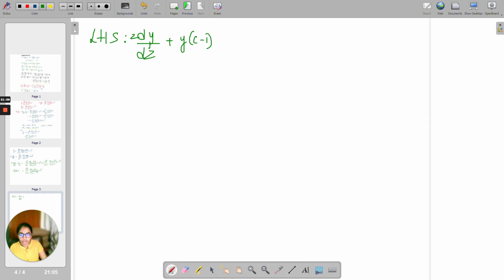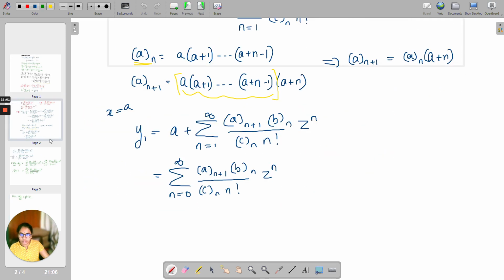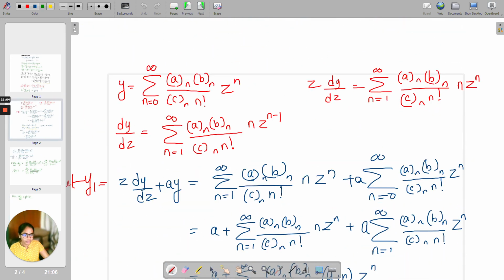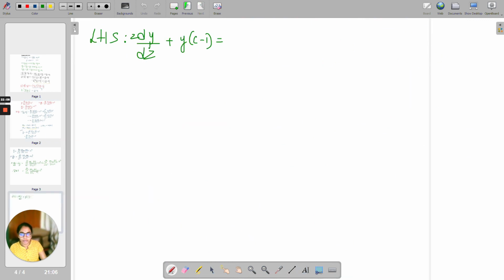So what was z into dy/dz? Go back. What was it? Yes, a_n b_n divided by c_n. Substitute the value. n equals 1 to infinity a_n b_n divided by c_n n factorial n into z power n. Yes, and then n equals 0 to infinity.